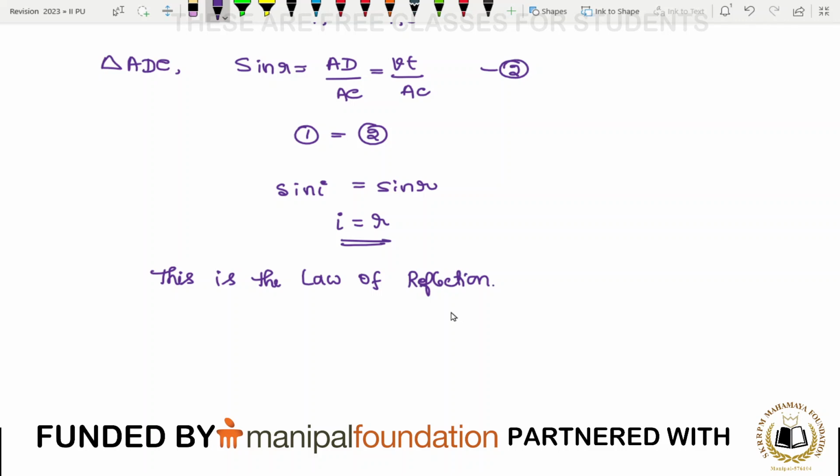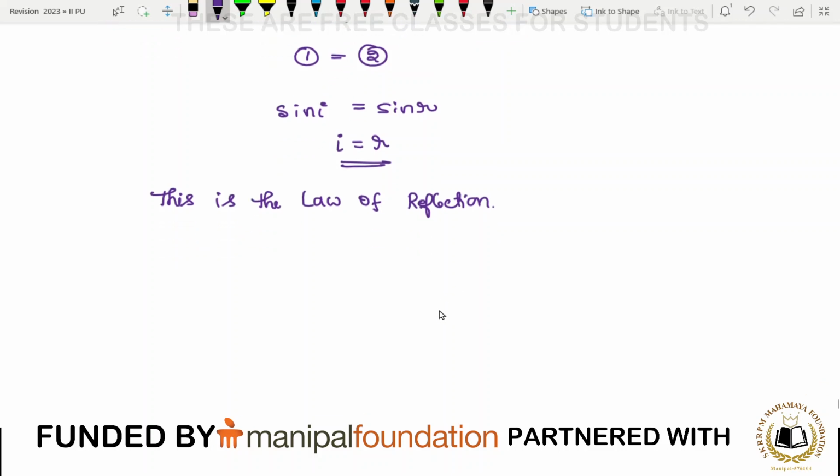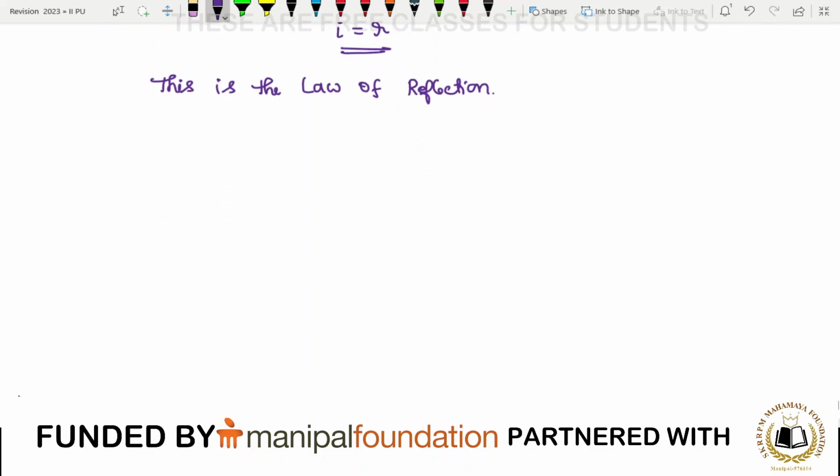Okay, we'll go to the next one now. We'll discuss the next one now. That is, using Huygens wave theory of light, derive Snell's law of refraction.